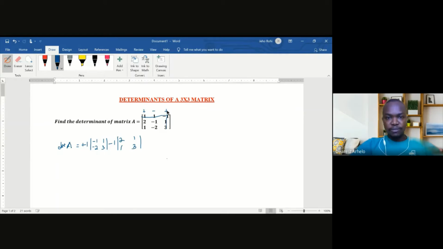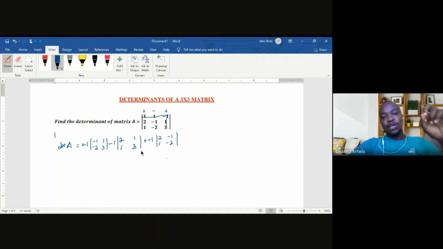So here we have plus minus 1 times the determinant of 2 minus 1, 1 and minus 2. So what I've just done here is break down this 3 by 3 matrix into 2 by 2 matrices with a scalar.